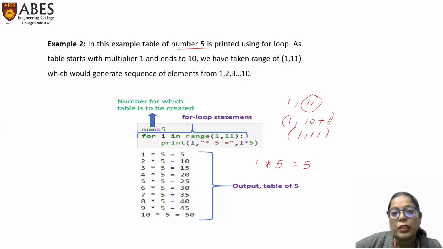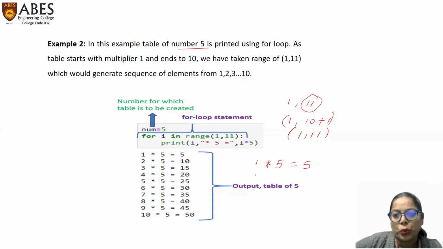Now it will again check for the next element, because I already explained how the for loop works with a sequence. It will check for the entire elements in the sequence, and it will work as long as it finds elements in the sequence. Once it finds no element in the sequence, it will stop. So the same thing will be repeated. Now the next value of I is 2.